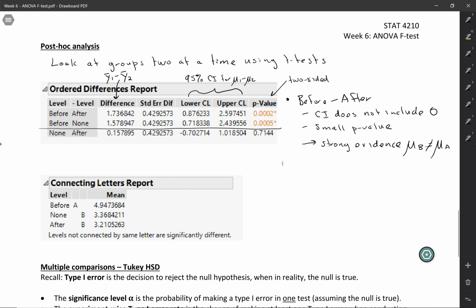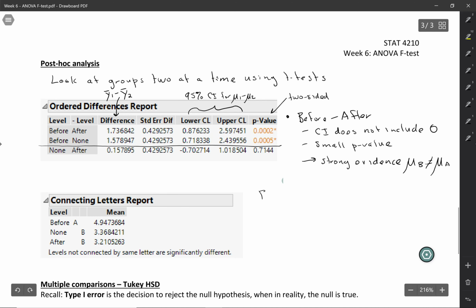So notice it says here, levels not connected by the same letter are significantly different from each other. So before doesn't share a letter with either of the other groups. So this means that before is significantly different from the other two options, from none and after.